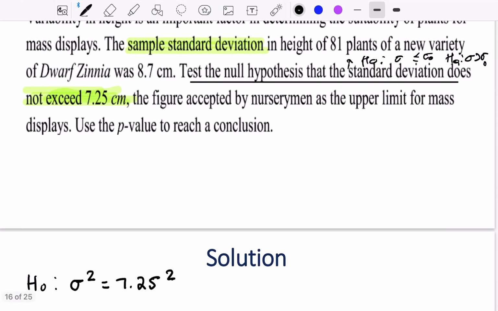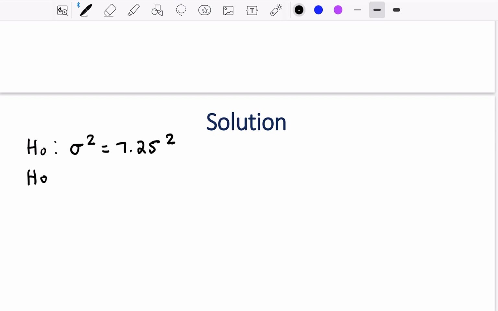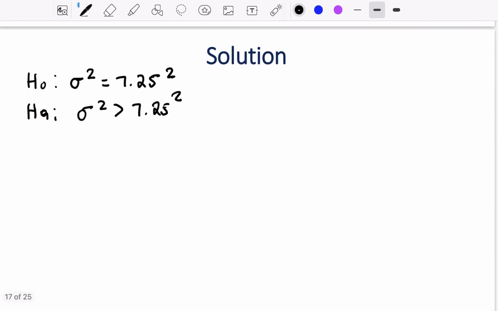Because they gave you the standard deviation, so you have to square it, right? And then the alternative will be that sigma squared is greater than 7.25 squared. Why? Like I said, they say test the null hypothesis. Under the null hypothesis, you believe that the standard deviation is less or equal to. So the alternative is the opposite. It's strictly greater than. Okay.